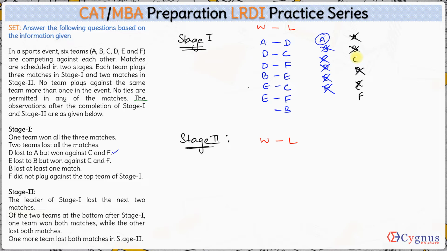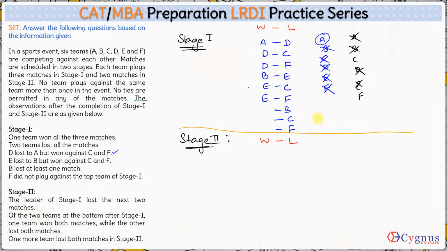So the 2 teams which have lost all their matches are C and F. So C here we have already figured out, C lost against D and E. That means C will lose at least 1 more match, and F has lost 2 matches against D and E, so F will lose 1 more match here. Okay. So we have figured out the losers in the first stage.